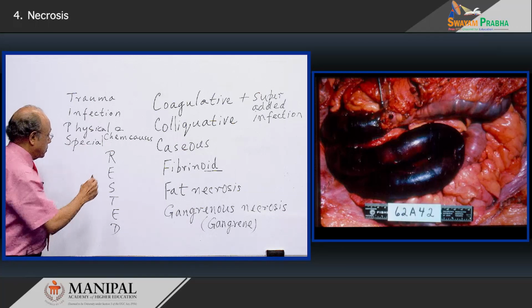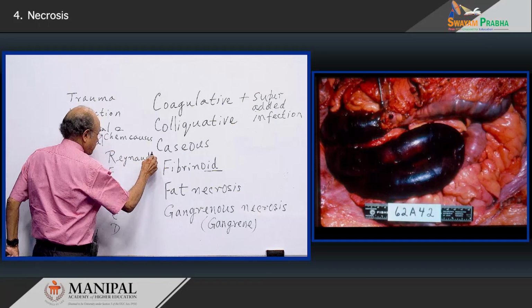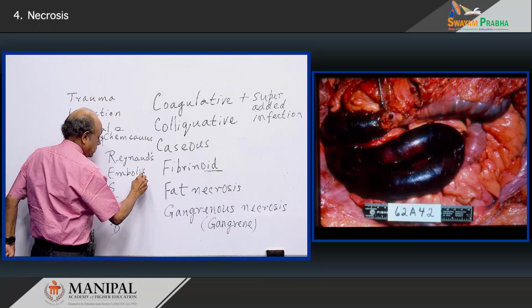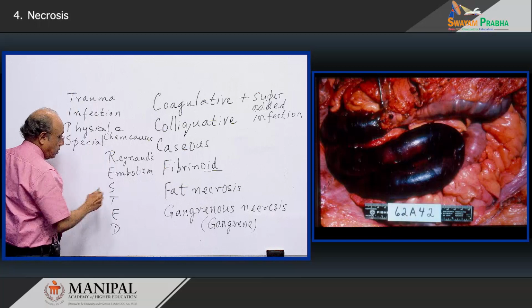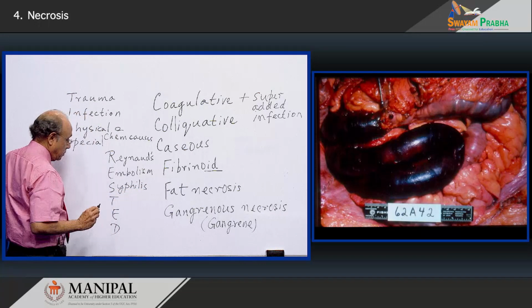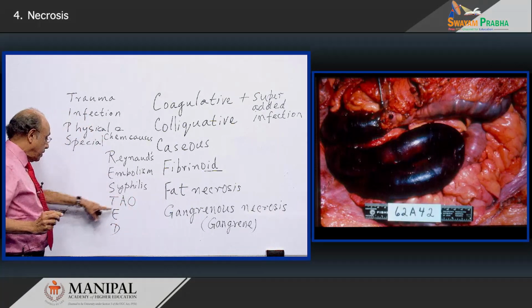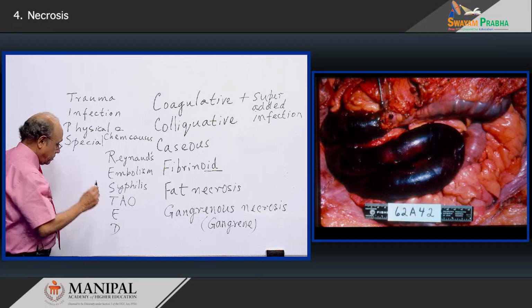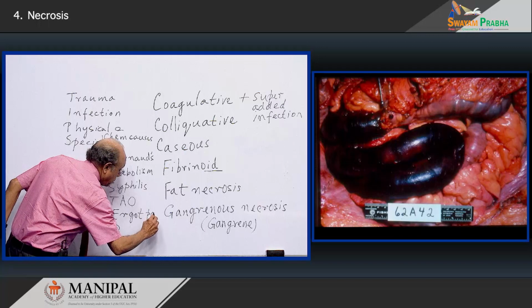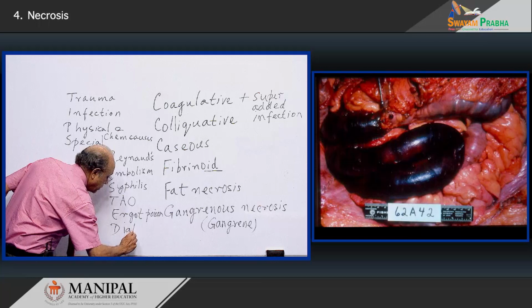What are the special causes? One is Raynaud's phenomenon, embolism, syphilis, TAO, thromboangiitis obliterans, ergot poisoning, and D for diabetes.